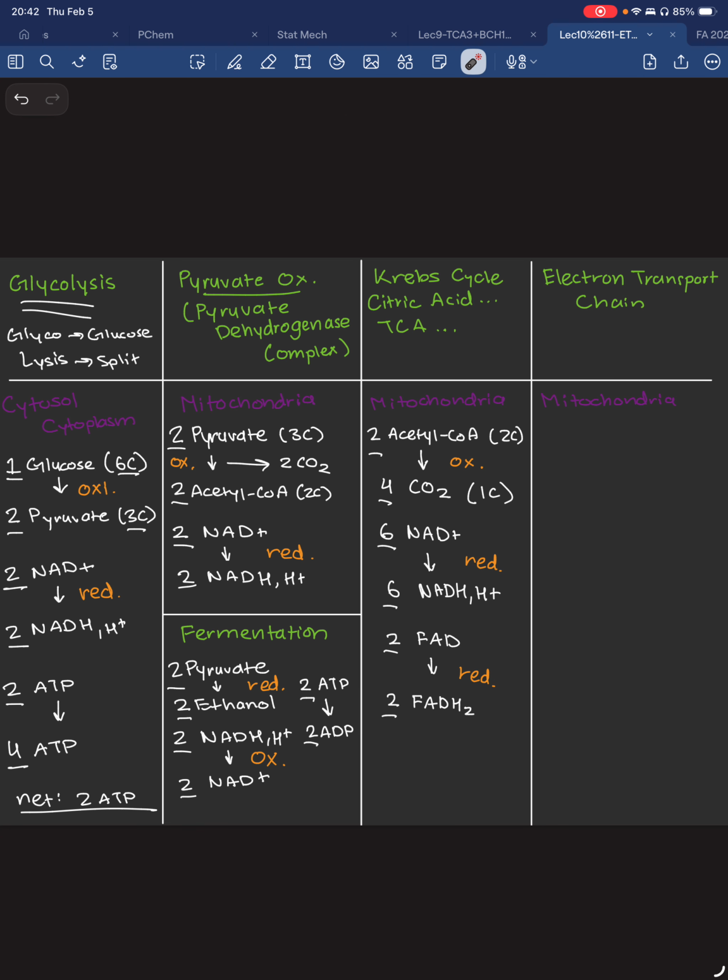Now, every single time here, an input has been an output, and we've kind of been recycling all of these things, except this, and this, and this, and this. We've generated these high-energy electron carriers in every single reaction thus far. Yes, we've also generated ATP, but that's just gone away into the cell.